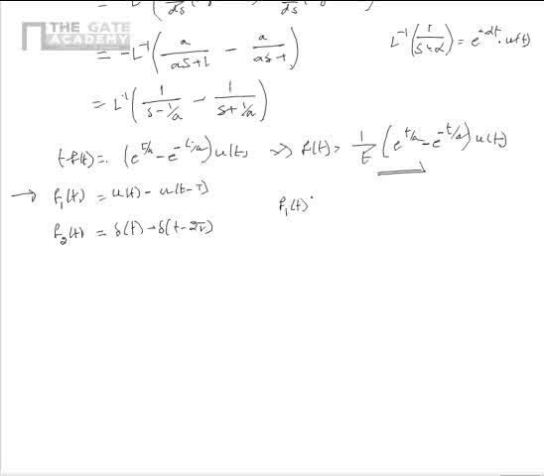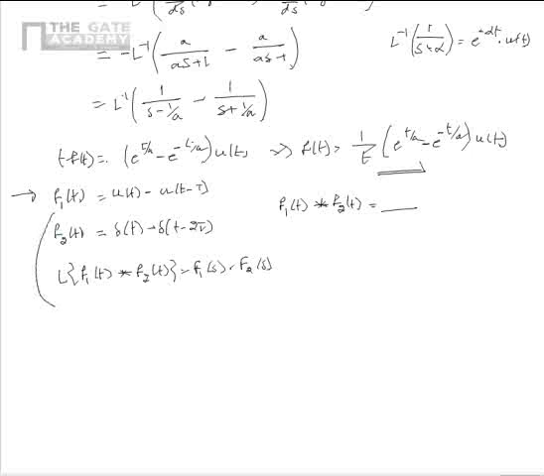Here we need to find the convolution of f1(t) with f2(t). We know that the Laplace transform of f1(t) convolved with f2(t) is equal to F1(s) multiplied by F2(s).